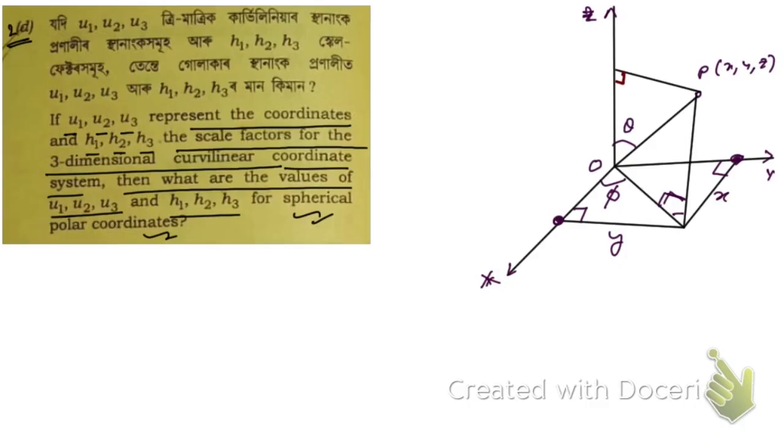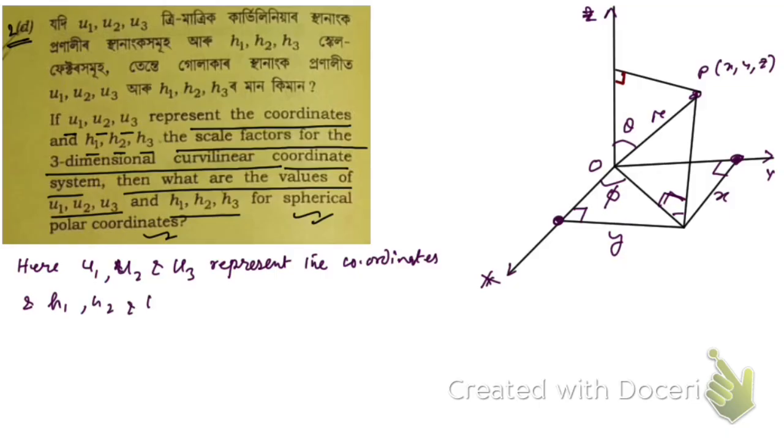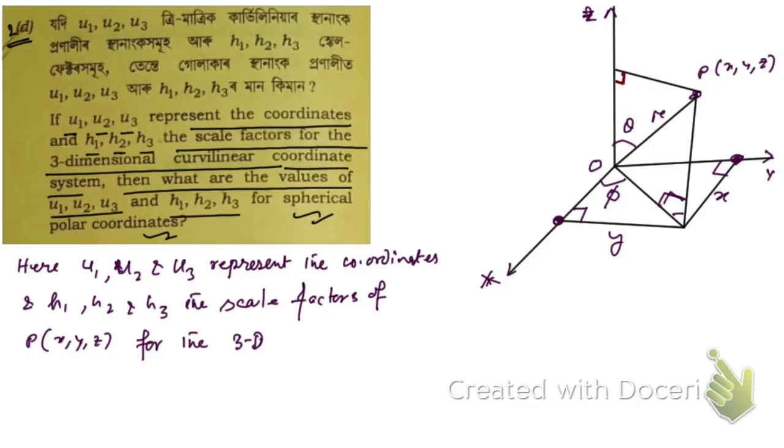Now let me consider OP equal to r. So u1, u2, and u3 represent the coordinates and h1, h2 and h3 the scale factors of a point P, x comma y comma z, for the curvilinear 3D coordinate system.